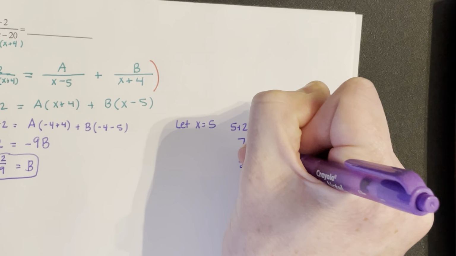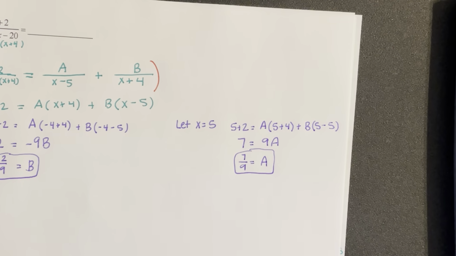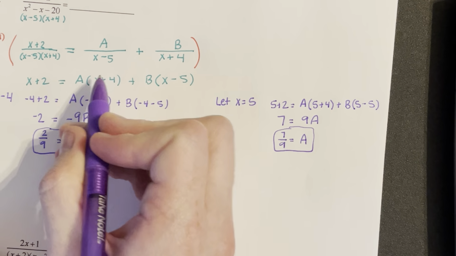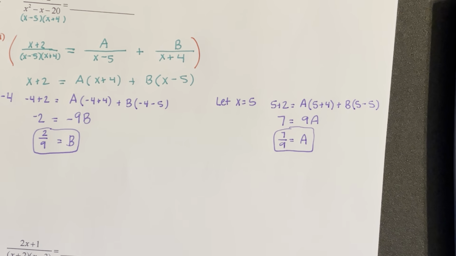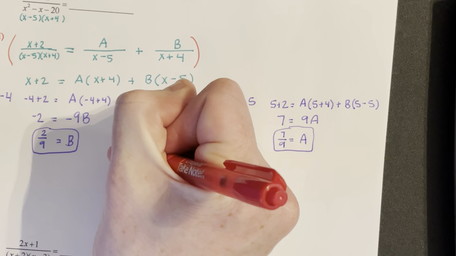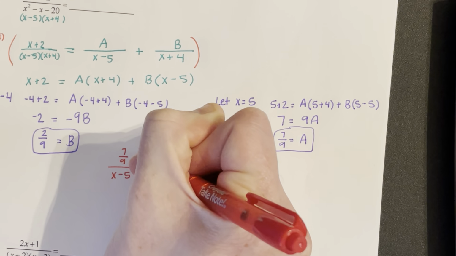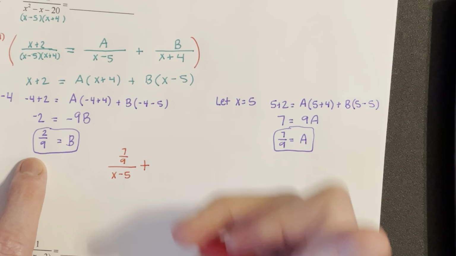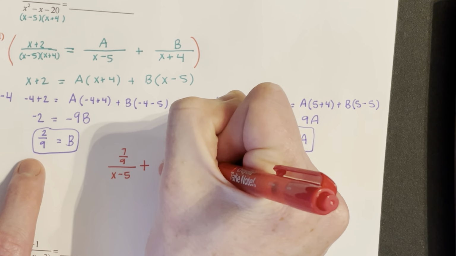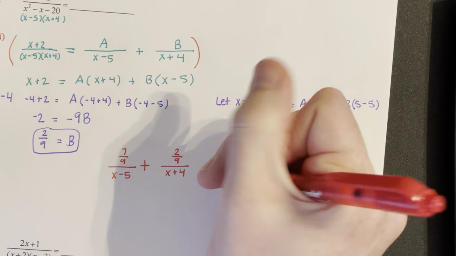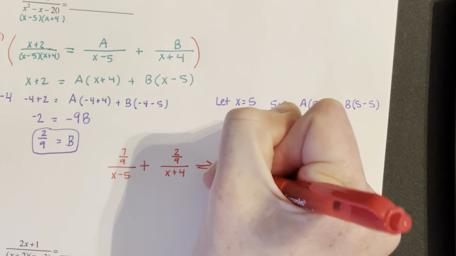So we have two fractions again. A over x minus 5 would make this 7/9 over x minus 5 plus 2/9 over x plus 4. But we can't leave it that way. We have to take that and simplify further.